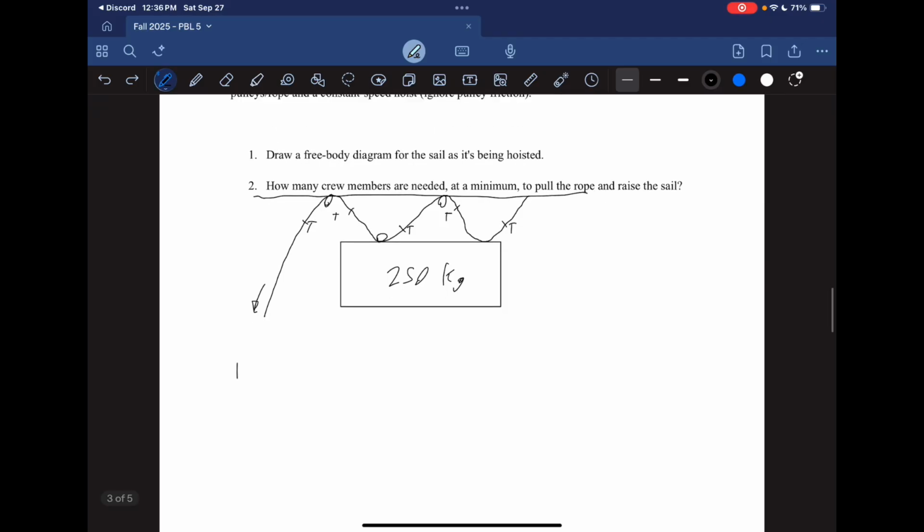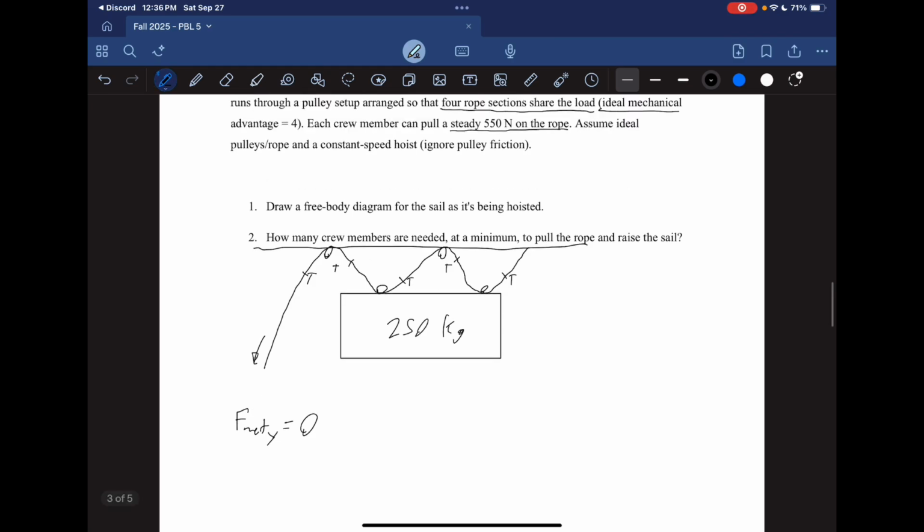So we can say that our F net in the Y direction, we'll say we're pulling straight down, needs to be equal to 0 so that we're pulling with a constant speed.